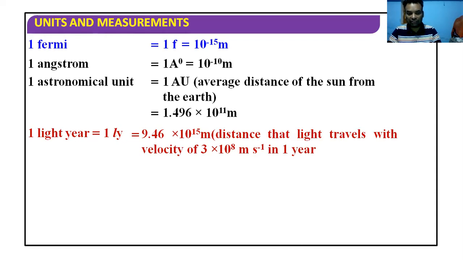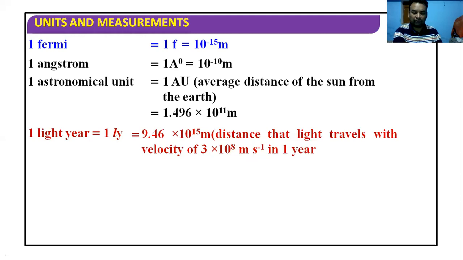And how much distance does light travel in 1 year? It is 9.46 into 10 raised to the power 15 meter. And we also know the velocity of light is 3 into 10 raised to the power 8 meter per second. It is the highest speed in our physical world attained by any particle.